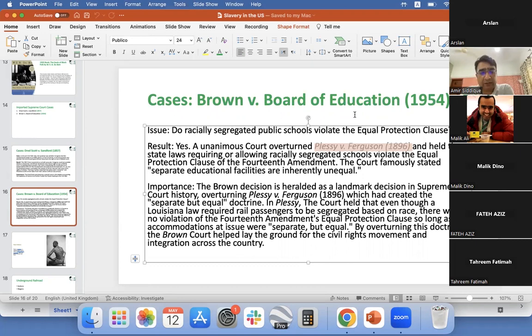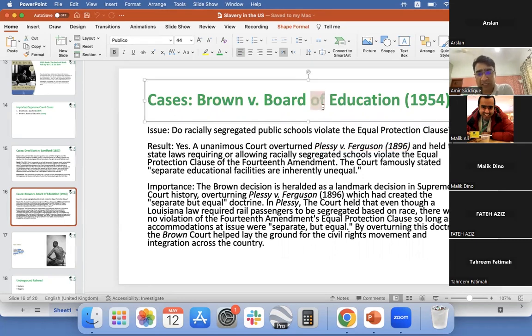And this Brown versus Board of Education reversed that Plessy versus Ferguson case after about 60 years. It said that separate facilities are inherently unequal. They said for an education to be really equal, it has to be combined. In the same school, African Americans and whites should go. So that's a case which opened up intermingling of whites and blacks.